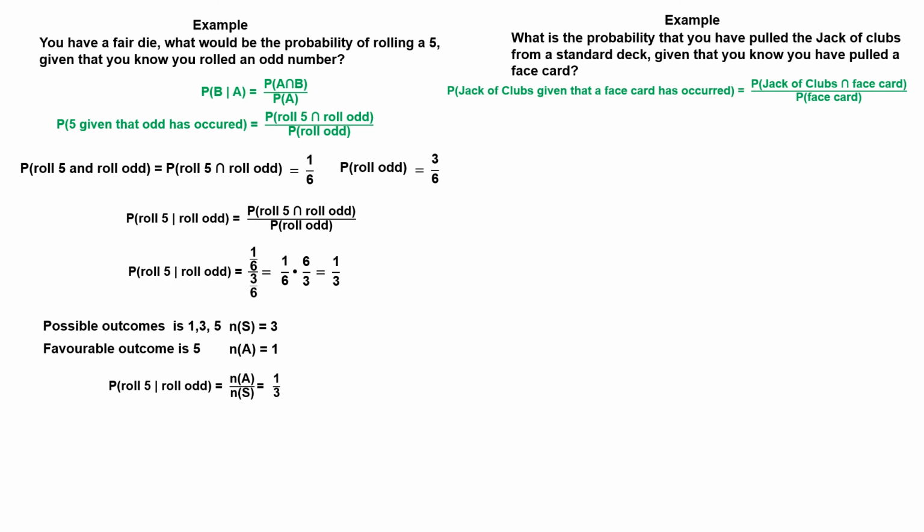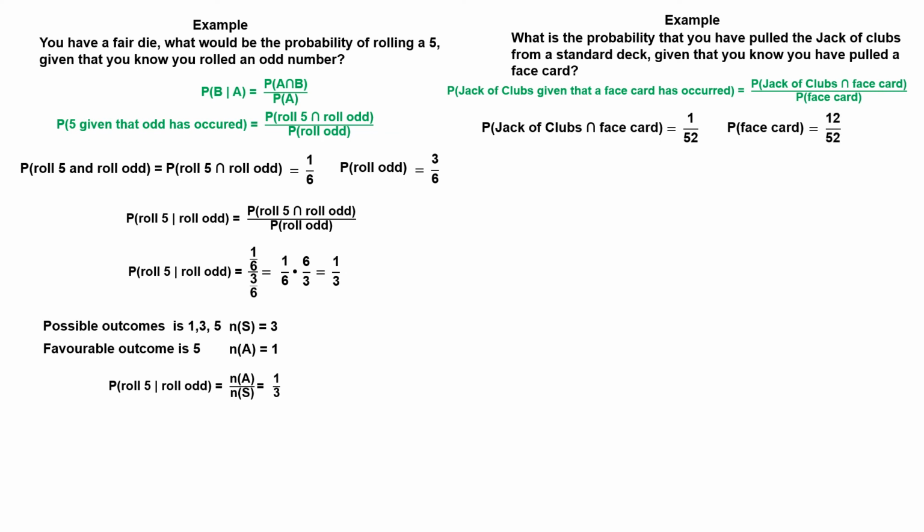The probability of jack of clubs and face card is 1 over 52, because in a standard deck of cards we have one jack of clubs. The probability of face card is 12 over 52, because in a standard deck of cards we have 12 face cards.